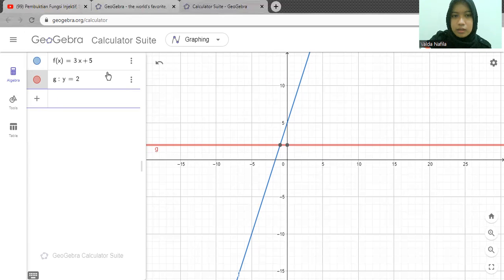Okay, now we will identify whether this is a surjective function or not. Okay, for example, 20.